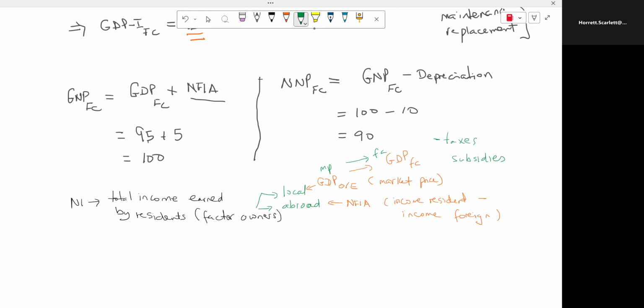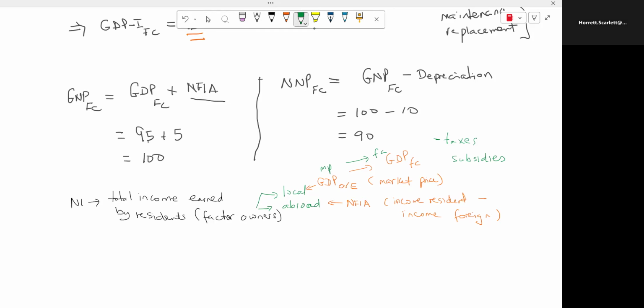That's not income to the factor owners. In terms of subsidies, though, the subsidies are not going to be included in the GDP at market price. Because remember, the consumer is going to pay less. They're paying less than the subsidies. So, $5 million.